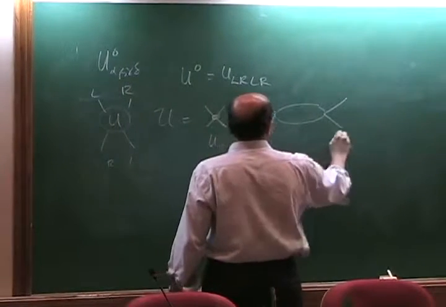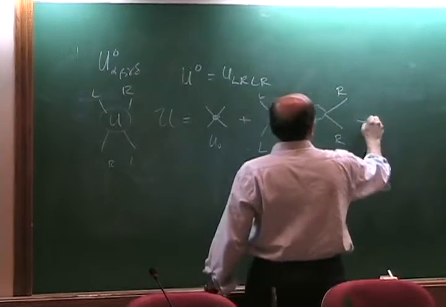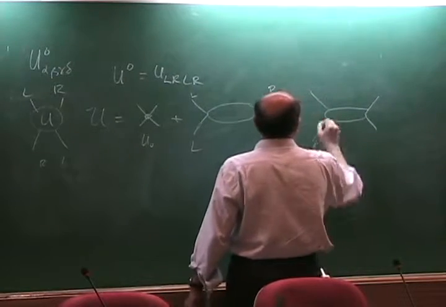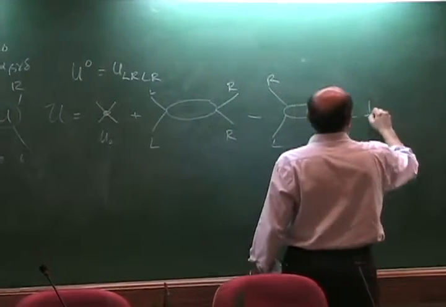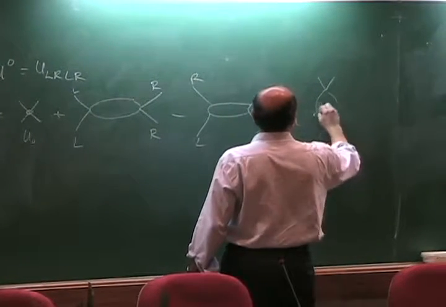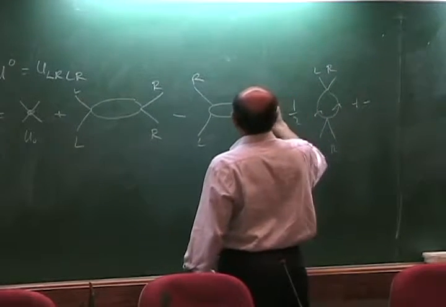Let's say this is left, this is right, this is left, this is right. Then you're supposed to add this diagram: left, right, right, left, and you're supposed to add this diagram: left, right, left, right. And at every corner you put a u0.